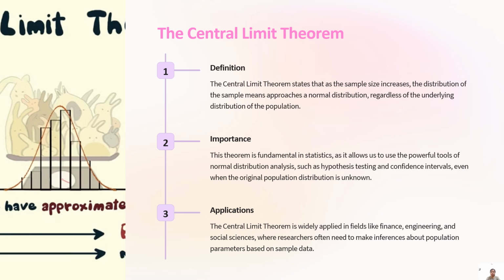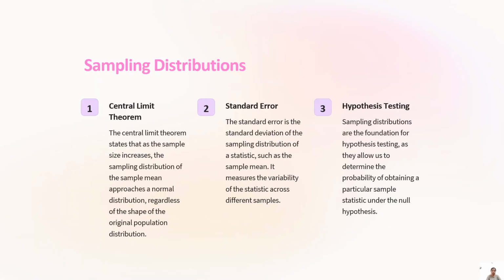This theorem is fundamental in statistics as it allows us to use the powerful tools of normal distribution analysis such as hypothesis testing and confidence intervals even when the original population distribution is unknown. Applications. The central limit theorem is widely applied in fields like finance, engineering, and social science, where researchers often need to make inference about population parameters based on sample data.